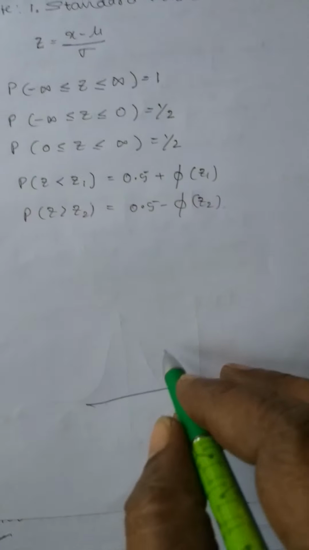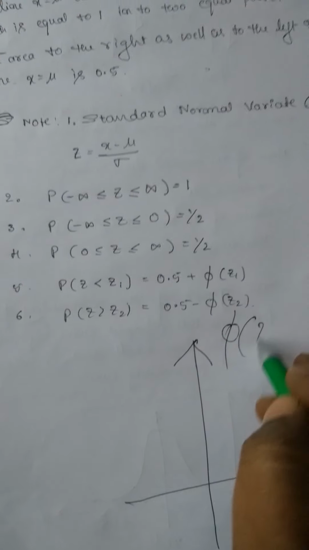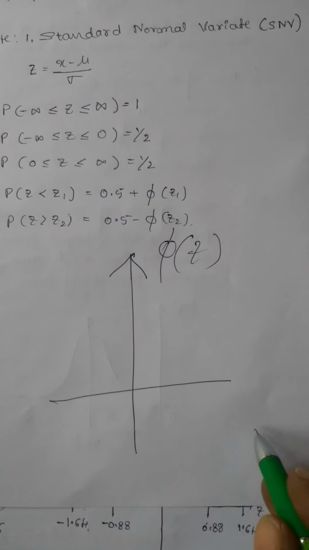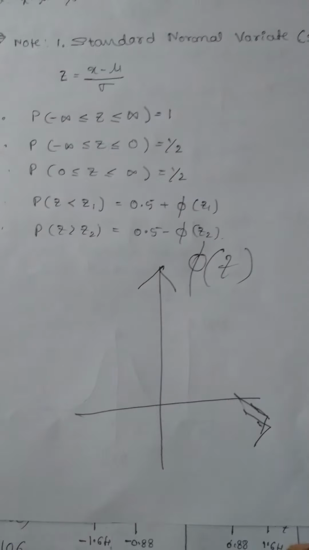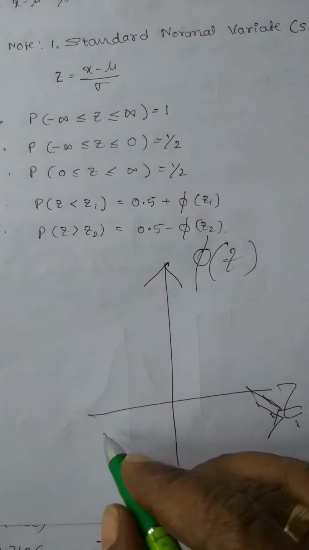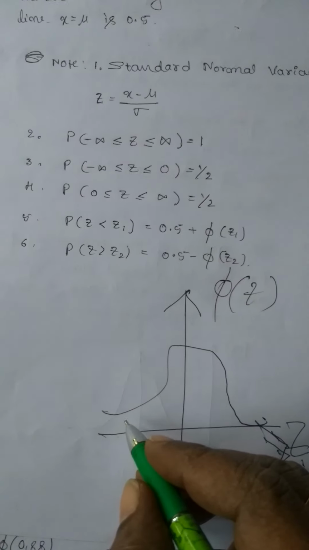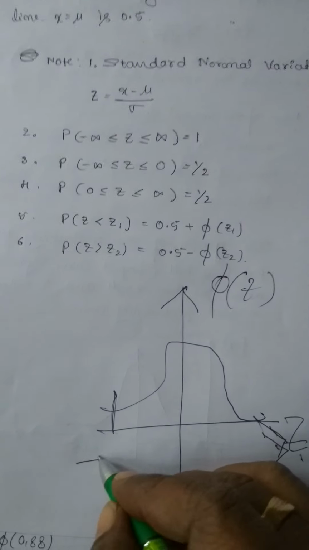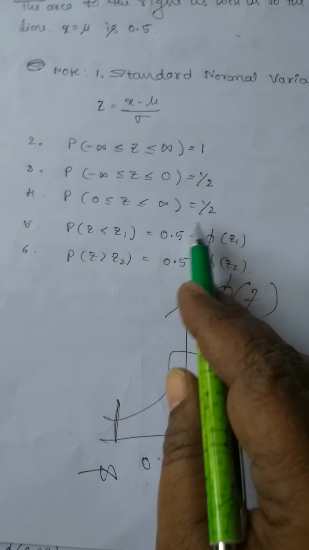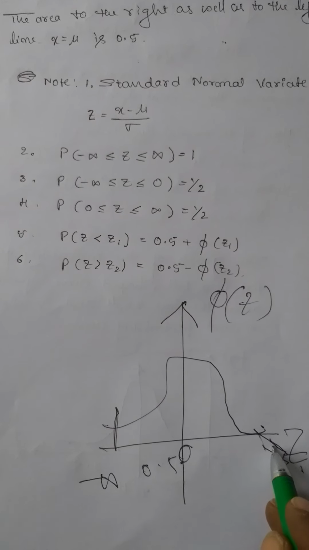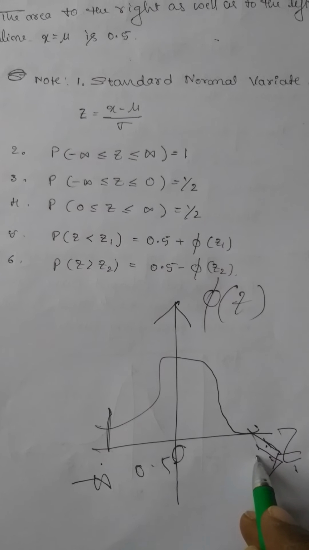If you take a graph like this, with f(z) or phi(z), and this is z, then if you take a bell-shaped curve like this, from minus infinity to 0 it will be 0.5, and from 0 to infinity also 0.5, together from here to here it will be 1.